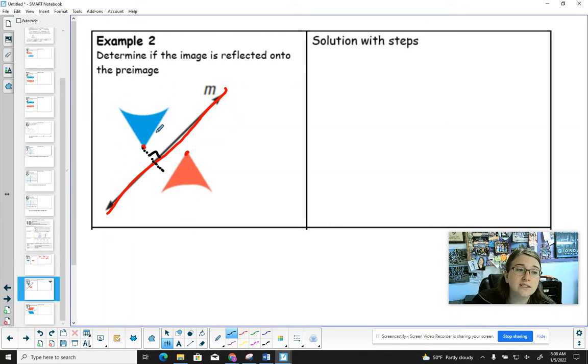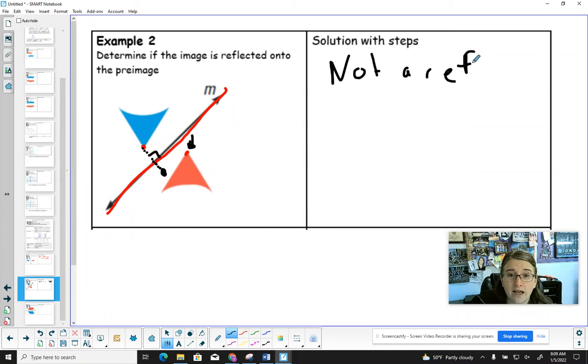I know this looks like it is a flipped image, but again, if it were, this point would go straight over to the other side and end up here. And it didn't, right? It ended up over here. So this is actually also not a reflection.